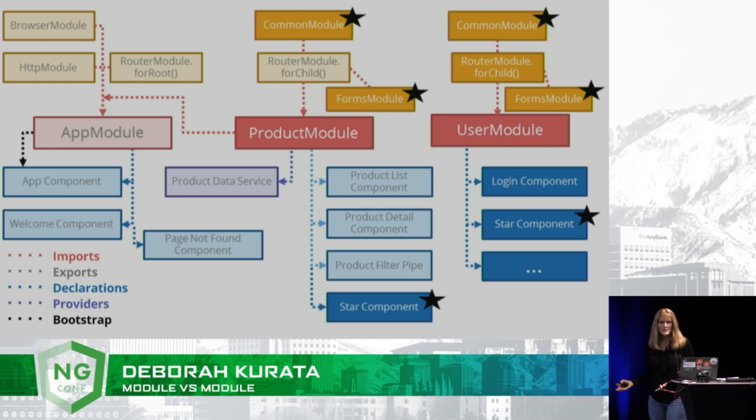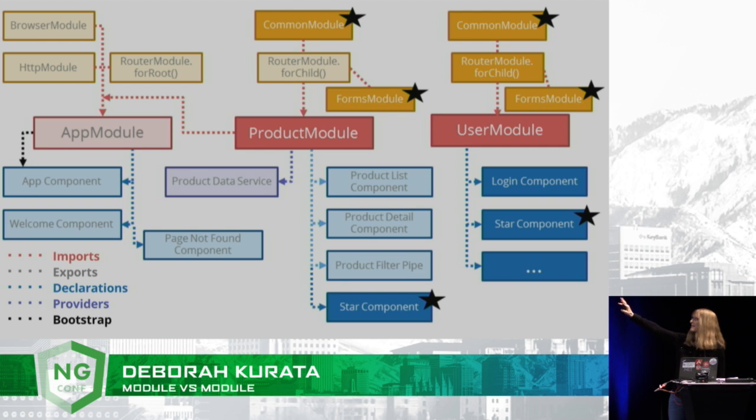Almost every feature module that we create needs common module because just about every template that we create uses ng-if or ng-for. We frequently need forms module if we're going to do any kind of two-way binding. And maybe for our particular application, we like for our users to be able to rate all sorts of stuff, so we want our star component showing the star ratings for those. So what we want to do is reuse all of those pieces.